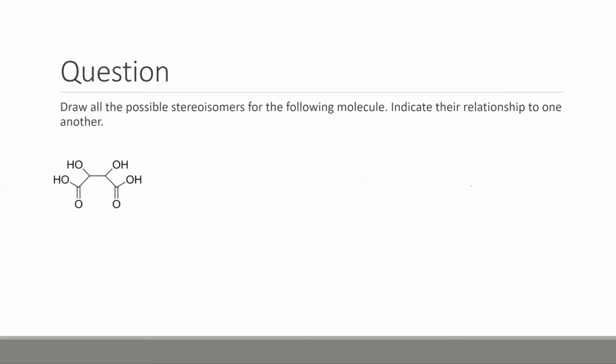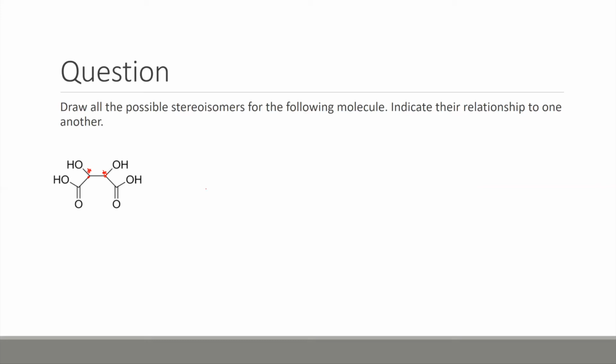Okay, let's try another one. Here's a different molecule. Again, we want to identify all the possible stereoisomers for the following molecule and indicate the relationship. So again, first, let's find where the chiral centers are. Here and here are carbons with chiral centers.